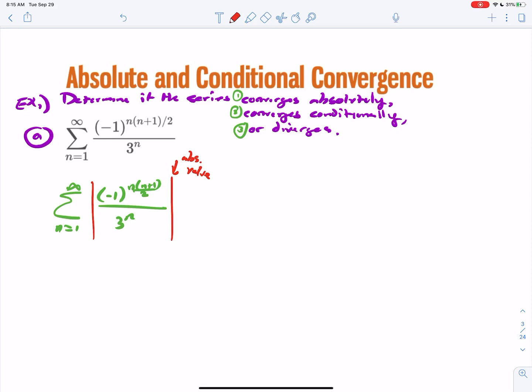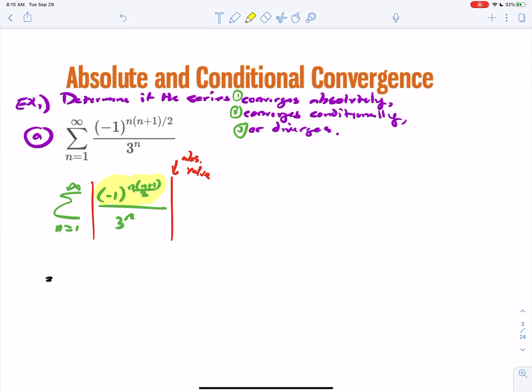Okay, that's really it. Nothing else changes. So remember that when you're taking the absolute value of any alternating term, so for instance, in this case, we have this alternating term here, this negative term, that pretty much goes away. Because if you're taking the absolute value of it, it's going to turn positive.